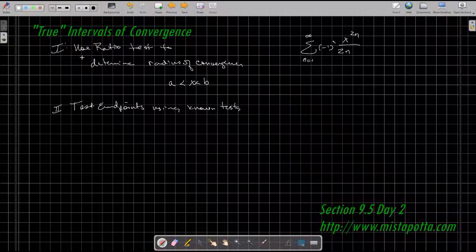So again, my first step is I'm going to use the ratio test here. Remember, the ratio test said that we looked at the limit as n increased without bounds of the absolute value of a sub n plus 1 over a sub n.